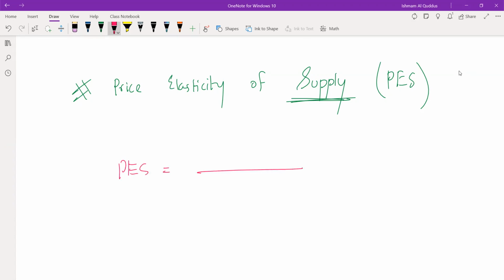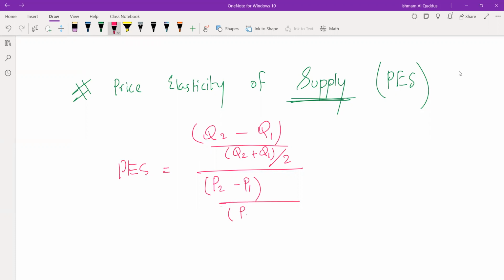PES equals the new quantity supplied minus the old quantity, divided by the average of the quantities, like Q2 plus Q1 divided by 2. And we divide this change in quantity by the change in the prices of supplied goods. So P2 minus P1 divided by the average of the prices.